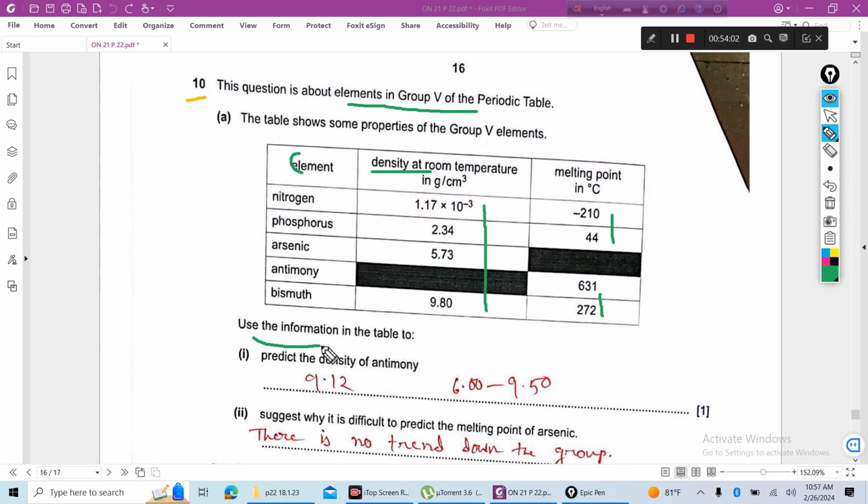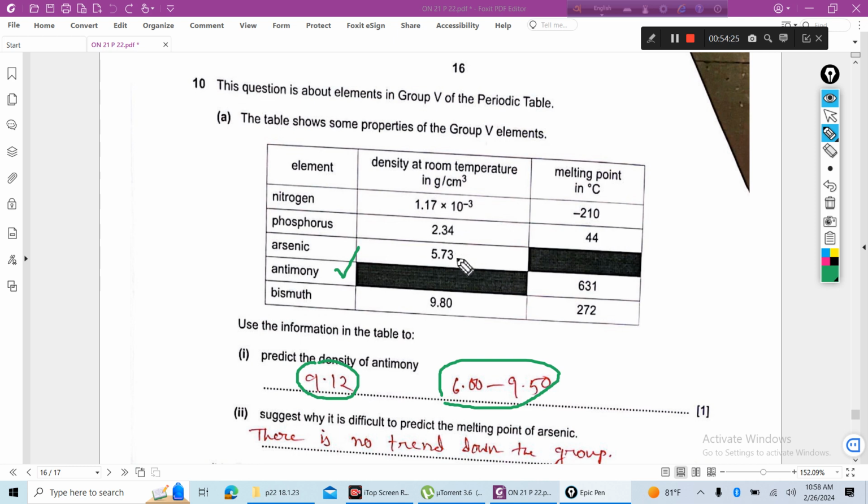Now use the information in the table. Predict the density of antimony. So you can write 9.12 or 6 to 9.50, any values. How do you get this value?